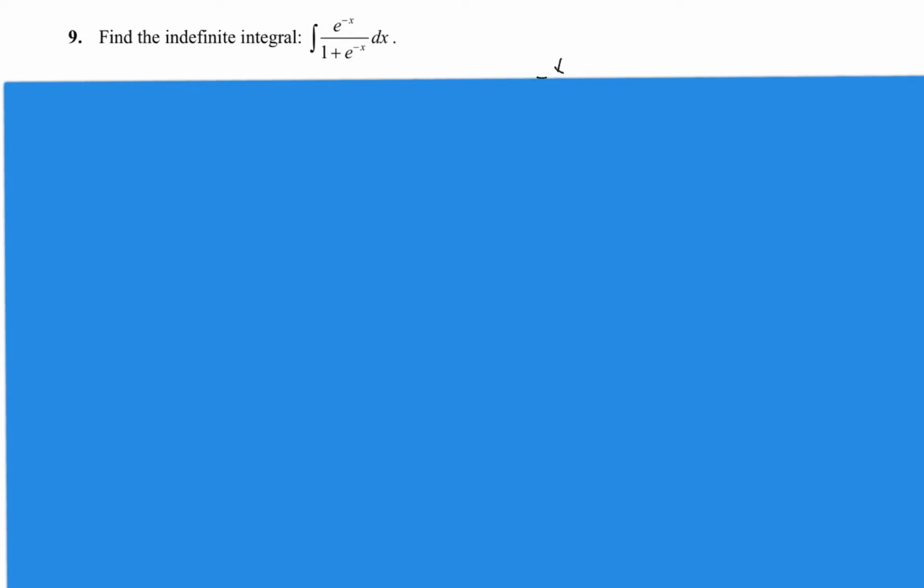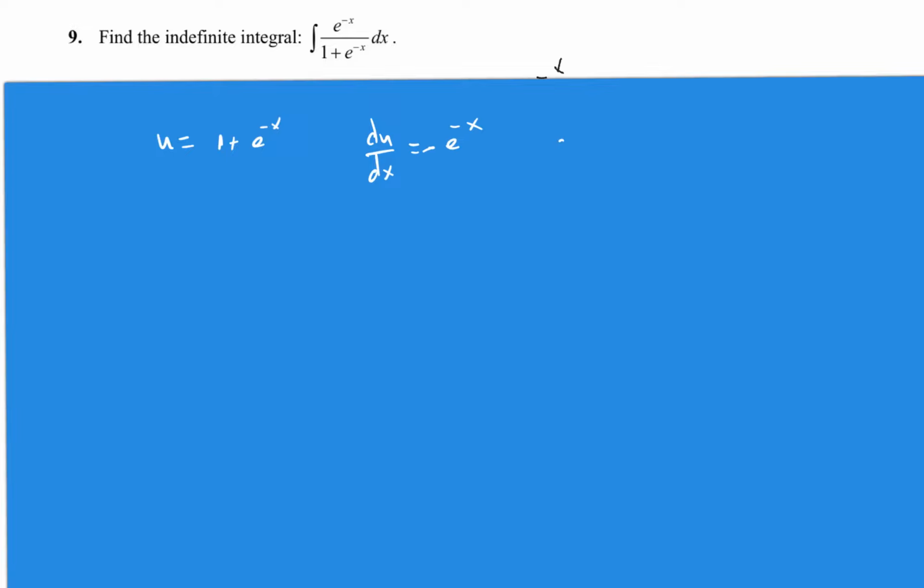It's the integral of e to the minus x over 1 plus e to the minus x. So if I place u equal 1 plus e to the minus x, du, or the derivative of u with respect to x, will be e to the minus x times the derivative of minus x, which is minus 1.